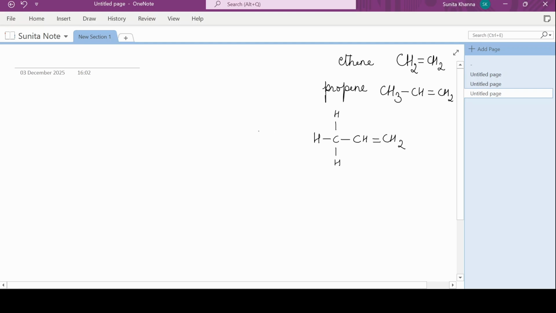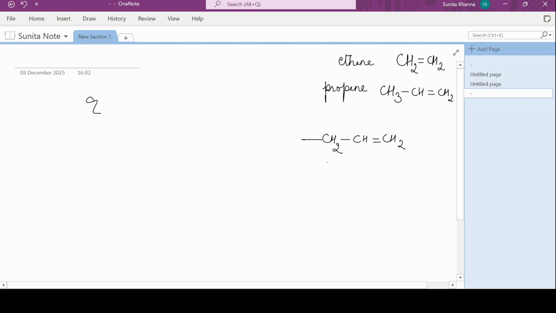If I remove one hydrogen from this structure, it becomes CH2 double bond CH, CH2 with one valency of carbon free. It becomes CH2, and this is the allylic group.